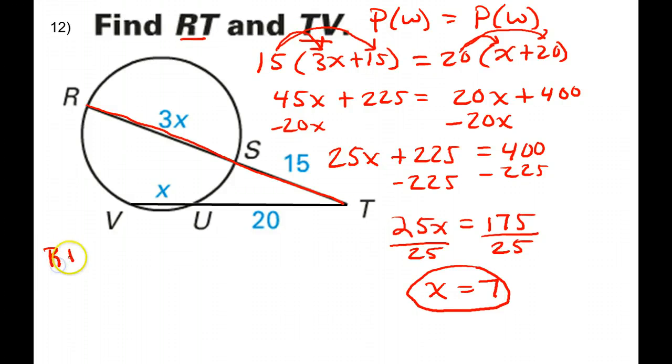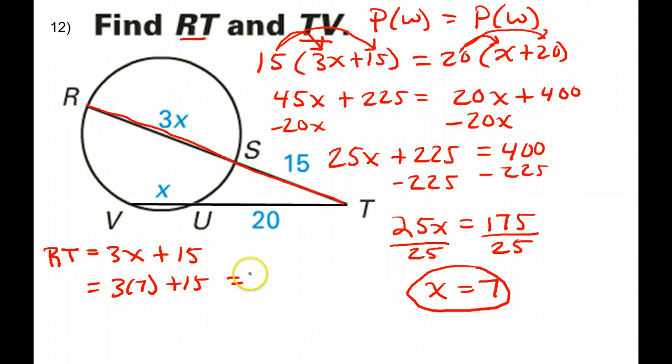Okay, so RT is the 3x plus the 15. All right, that's 3x plus 15. But x is 7. So that's really 3 times 7 plus 15. And that comes out to be 36.